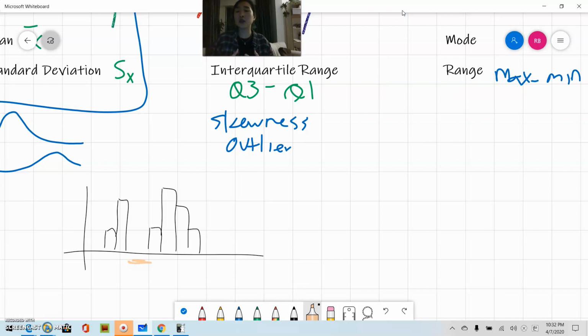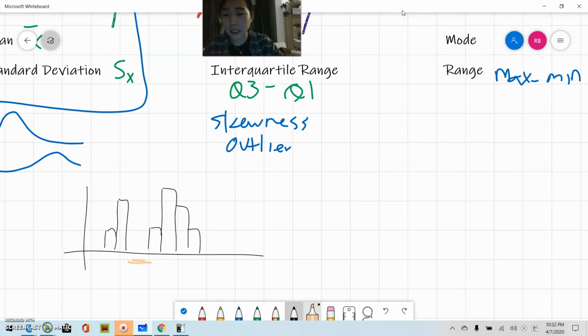It gives you a good idea of what the shape actually looks like in distribution. But even though you might be able to tell skewness and possibly an outlier, a histogram is interval, right? That means that you can't really pinpoint a data point.